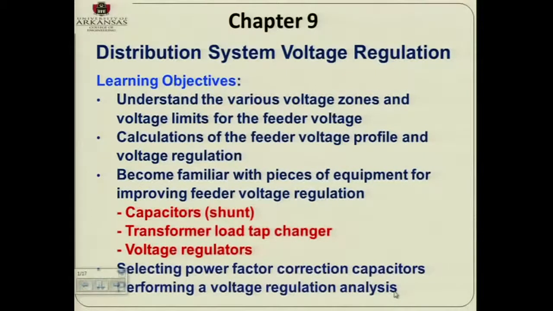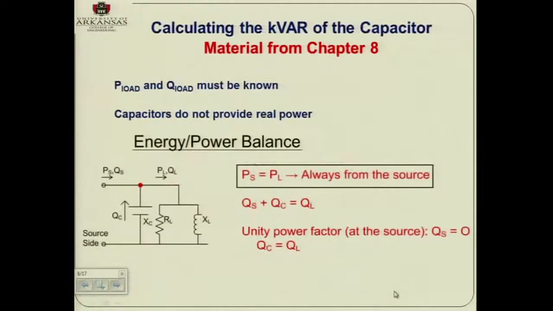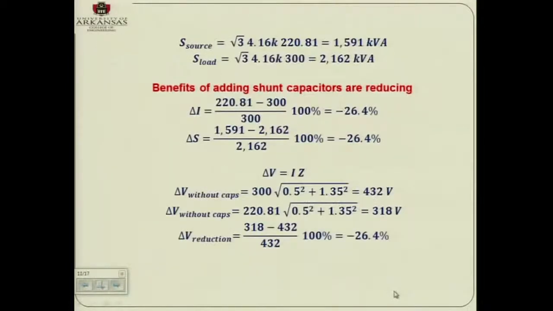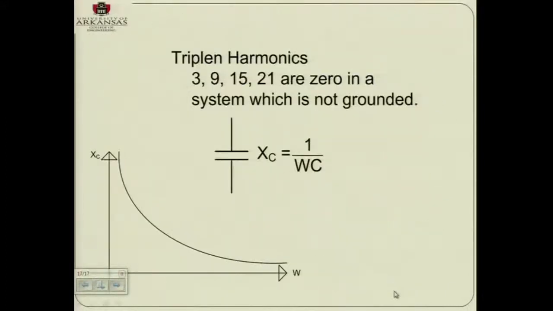So what's going to happen to the current going through the capacitor as those harmonic frequencies increase? You see the impedance, what's happening? Decreasing. So those capacitors are going to be a sink.